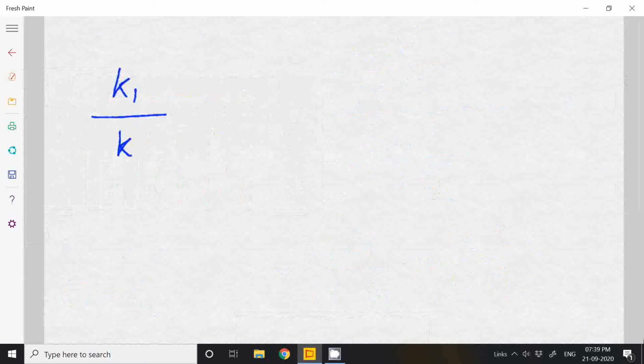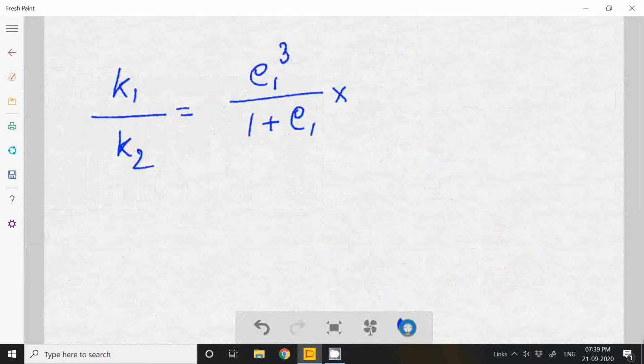K1 by K2 is equal to E1 cube by 1 plus E1, into 1 plus E2 by E2 cube, isn't it? So now, what is another way of writing it?